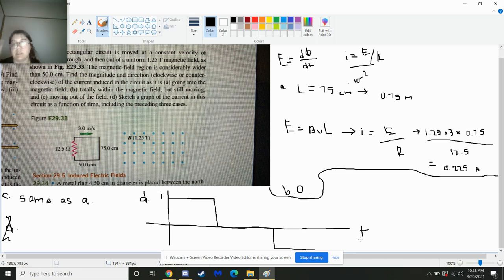Let's label this: C, A, and B. A is in the positive and C is in the negative, but both A and C are 0.225 A. What this is really trying to illustrate isn't so much that the value is positive or negative.